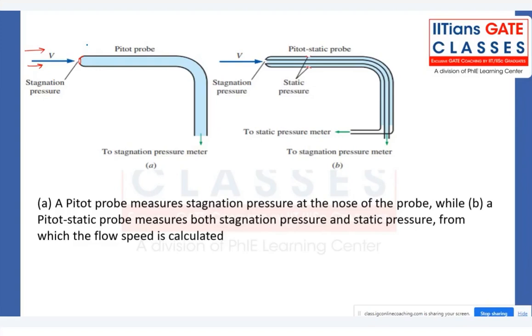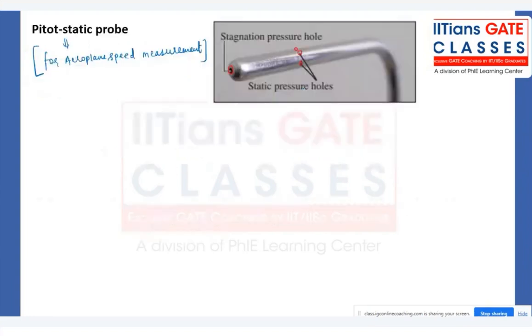Why is it there for the static? Tell me guys. Try to observe, the flow is happening like this. When the flow is happening like this, now tell me, will the liquid be flowing inside the tube through the circumferential hole in this direction or not? Perpendicular to the flow direction. The actual flow direction is like this, and considering this hole, is the liquid going perpendicular to the streamline or not?